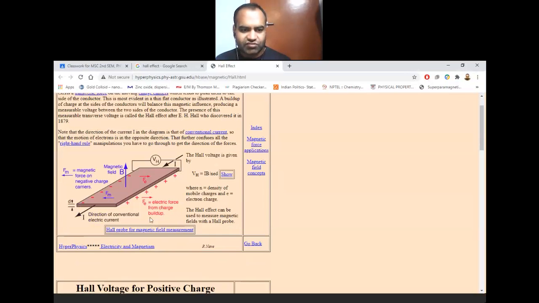Maybe I can take you to the same figure which you were seeing earlier. You have seen the Hall voltage is generated across the ends, across the width of the specimen, and this Hall voltage is perpendicular to the current and perpendicular to the magnetic field. Maybe I can draw quickly.